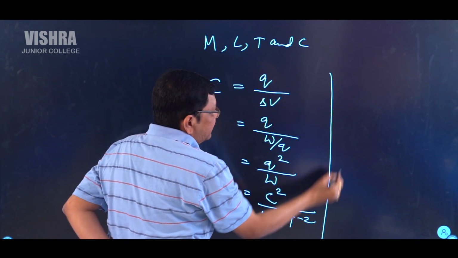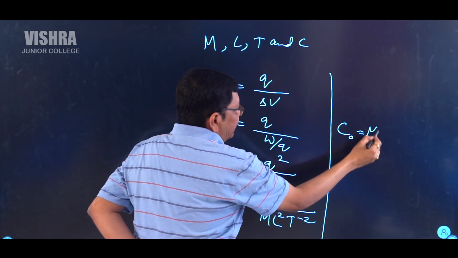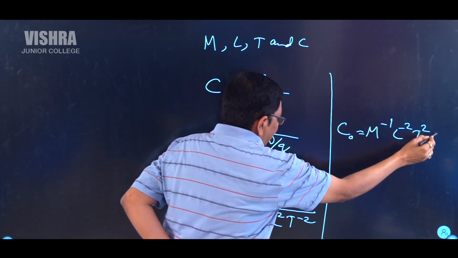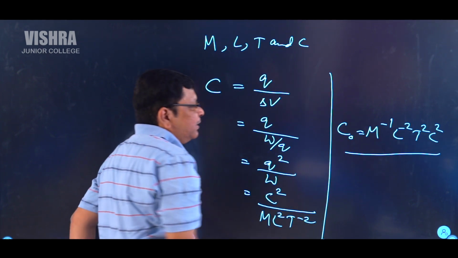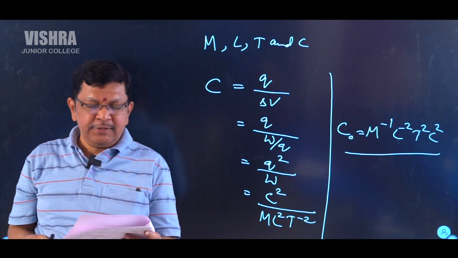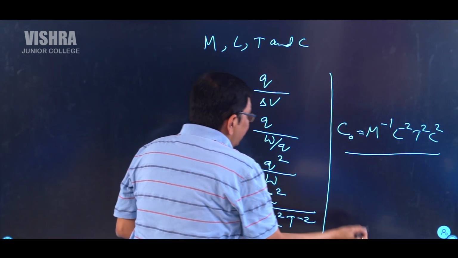So the dimensions of electrical capacitance are M minus 1, L minus 2, T square and C square. So this is the dimensional formula for capacitance. So that's about the question. Let us go for the next one.